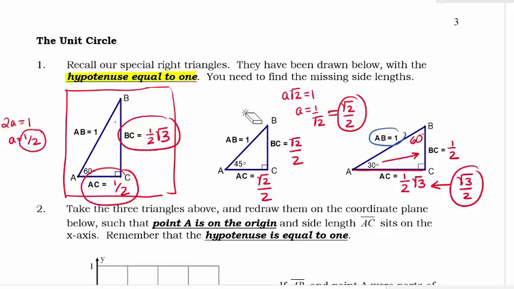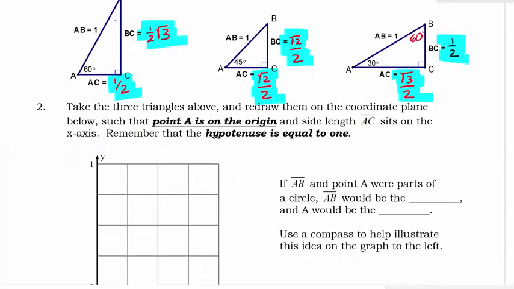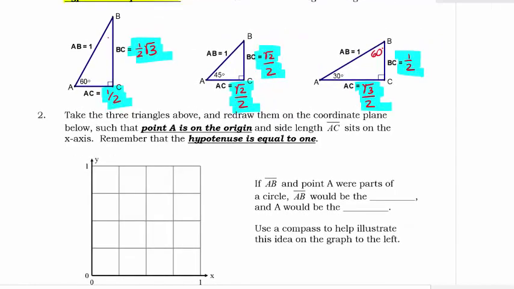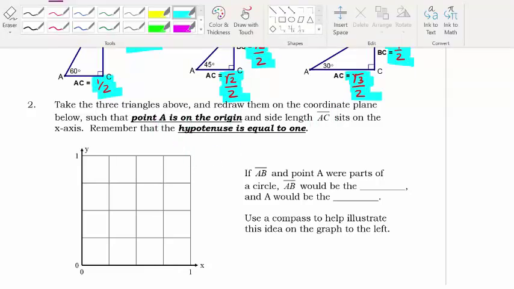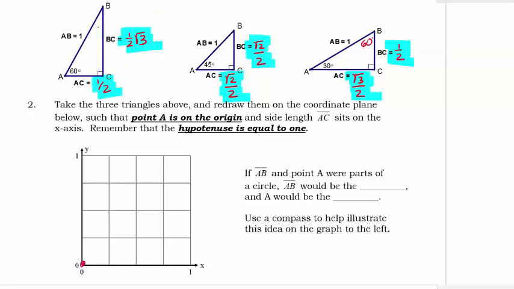We're going to use these values to superimpose these triangles onto our grid below. So what we're going to do is we're going to take these three triangles and redraw them on the coordinate plane below, such that point A is on the origin. So we're going to let point A be here. We have a radius here of 1, or the hypotenuse, AB, right?